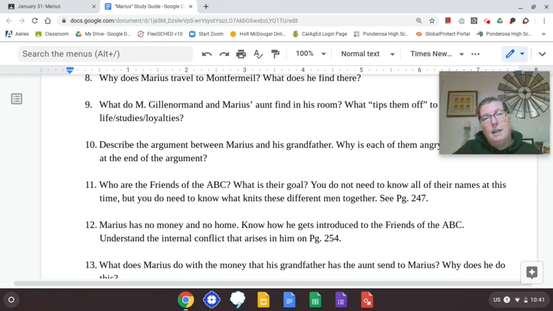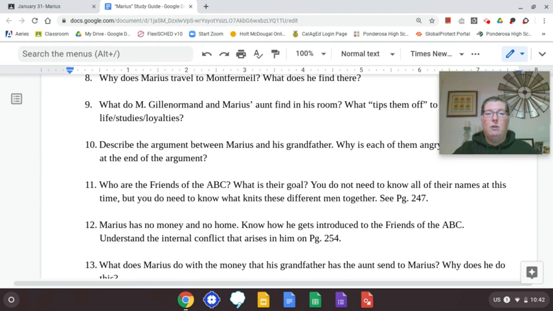Marius kind of stumbles on these men by accident because when he leaves his grandfather's house after the argument, he doesn't know where to go. He knows one of these young men from school, and so eventually that person says, "Just come with me, just come stay at my place." And so he becomes part of this group. And there's revolt stirring among these men.